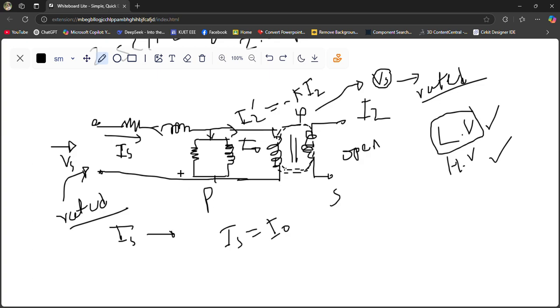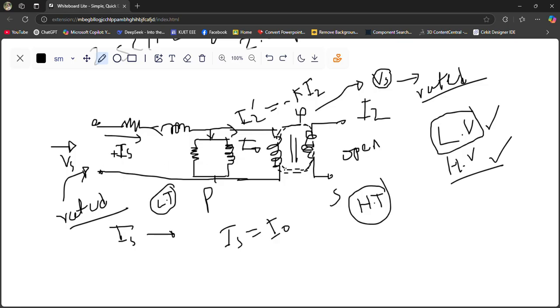So the primary side will be the low voltage side or LT side, and we should make the high voltage side or HT side the secondary, and we have to keep this side open. On the other hand, on the high voltage side, making the rated voltage is very difficult, and it is dangerous to handle. So this is all about the circuit.